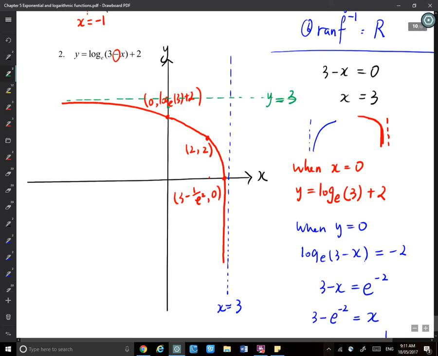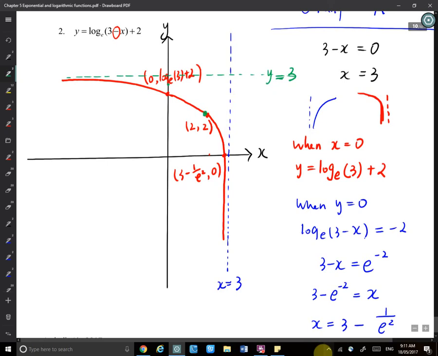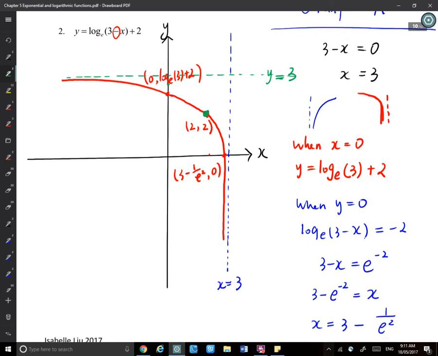And if you have the point (2, 2), you will still have this point (2, 2) here. And you have 0, log e 3 plus 2. Then you have the point (log e 3 plus 2, 0).